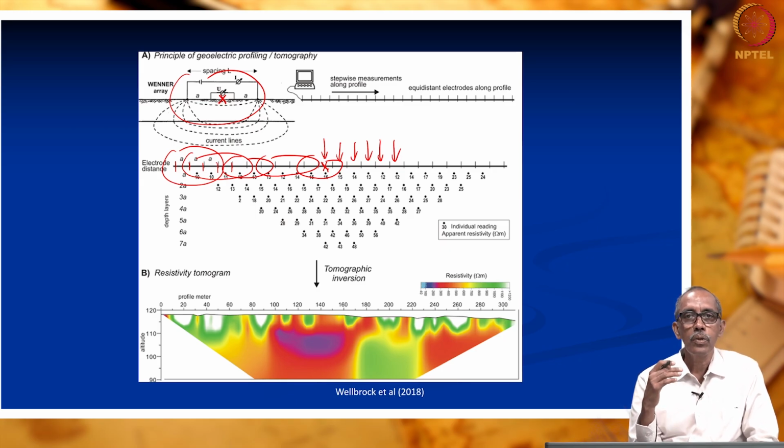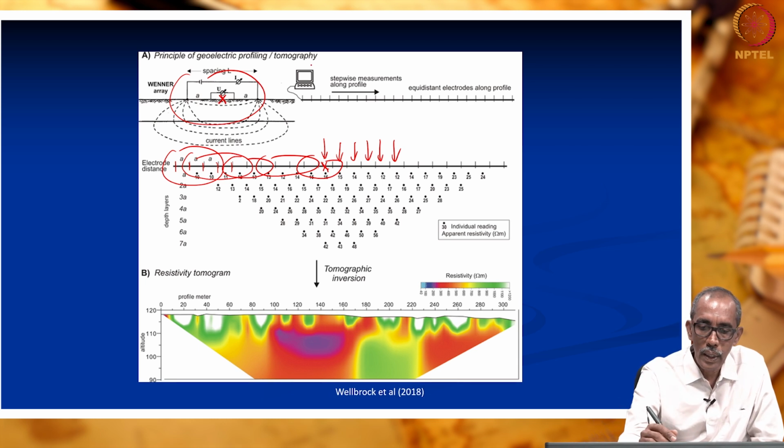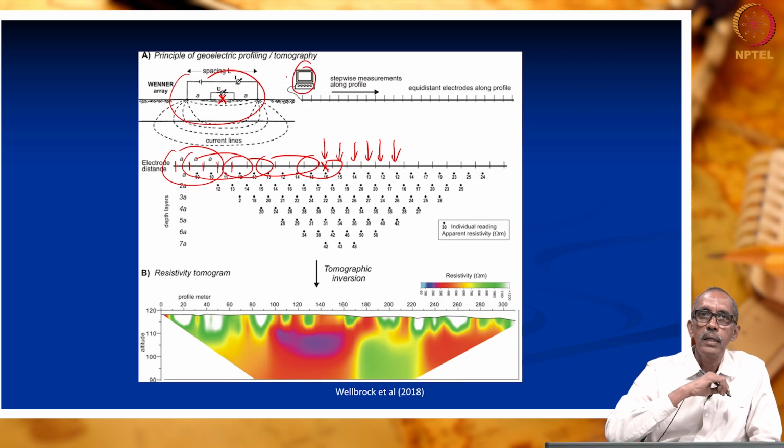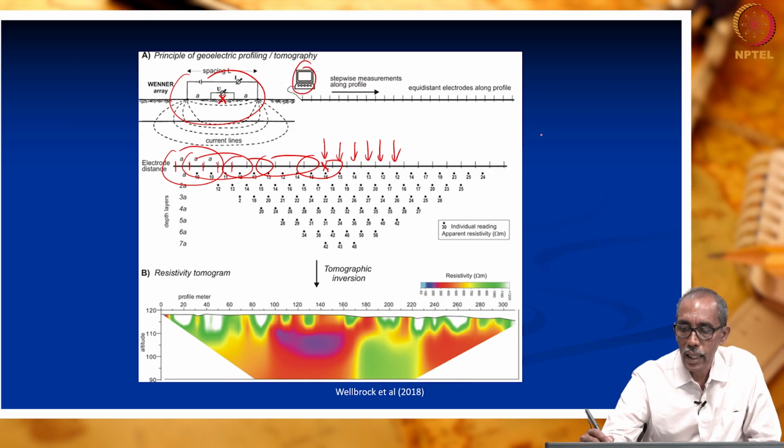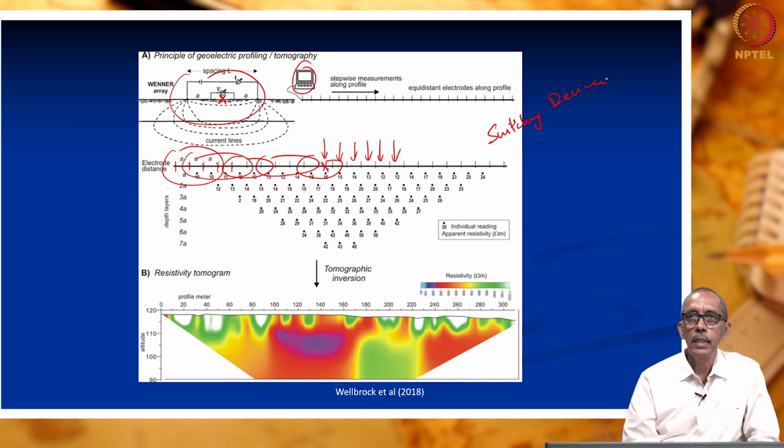In order to do this much more easily, today resistivity meters are also coming out with another tool. This is the resistivity meter, and the resistivity meter also has what is known as a switching device. So, what is the job of this switching device?